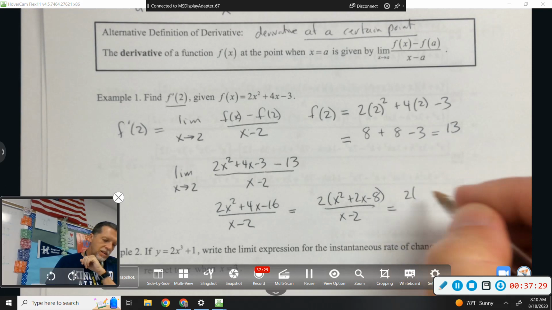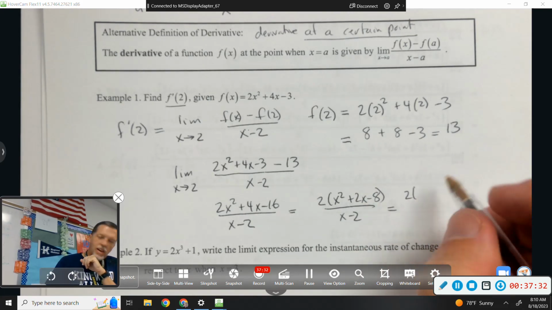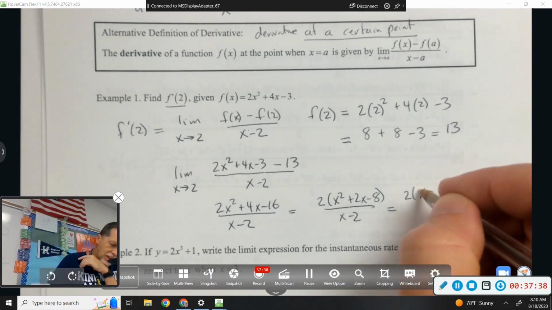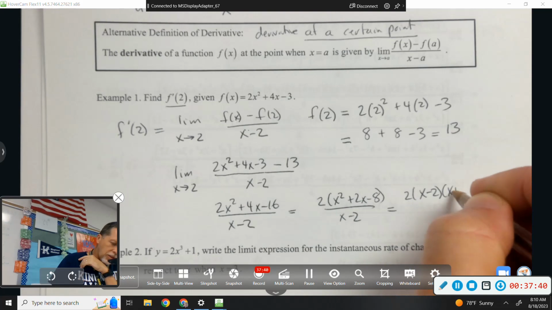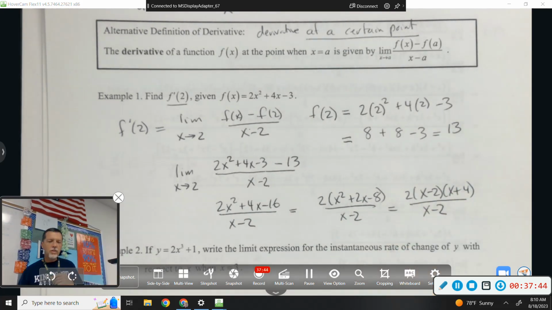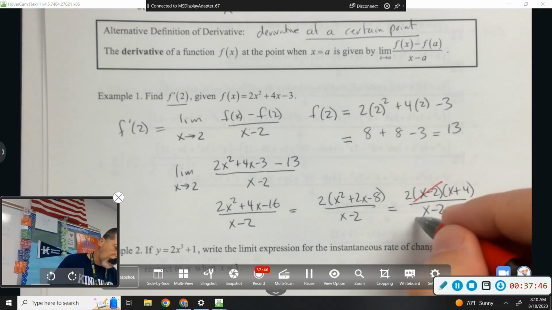Factor what's left. Although, kind of a built-in hint, I'm pretty sure x minus 2 is going to be one of the factors because I really want it to cancel. So x minus 2 and x plus 4. X minus 2. That's great news. I can cancel the x minus 2's.